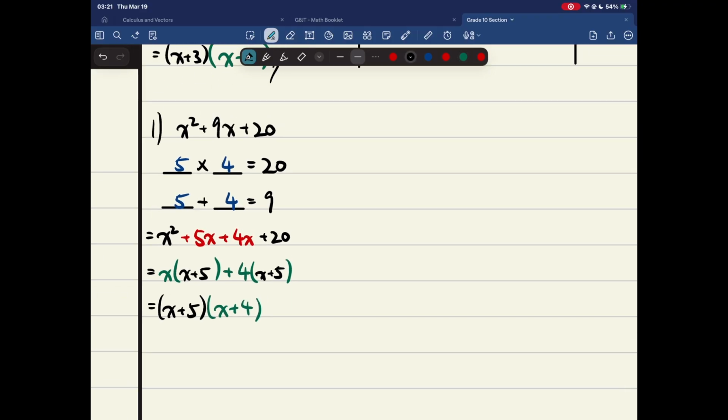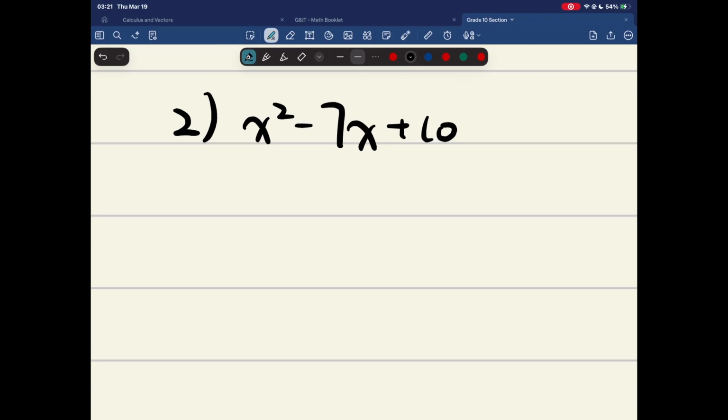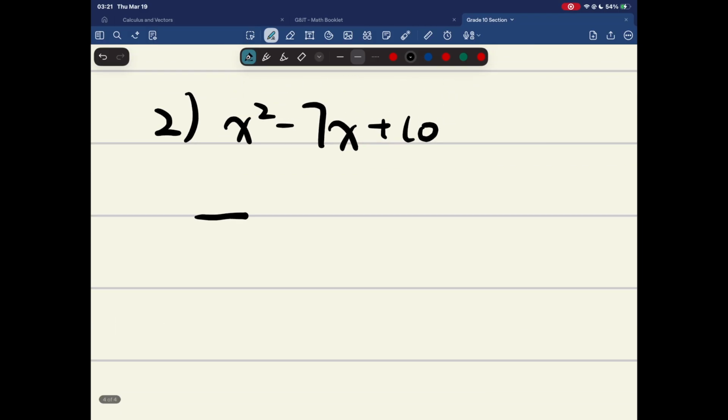Okay. And for the second question, you'll have x squared minus 7x plus 10. So the same thing. There will be a number times another number that equals 10, and a number adding another number that equals negative 7.